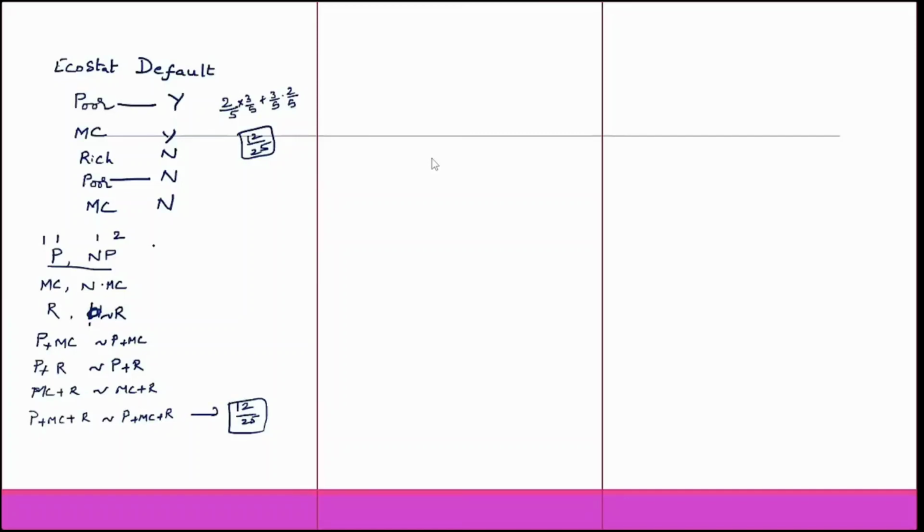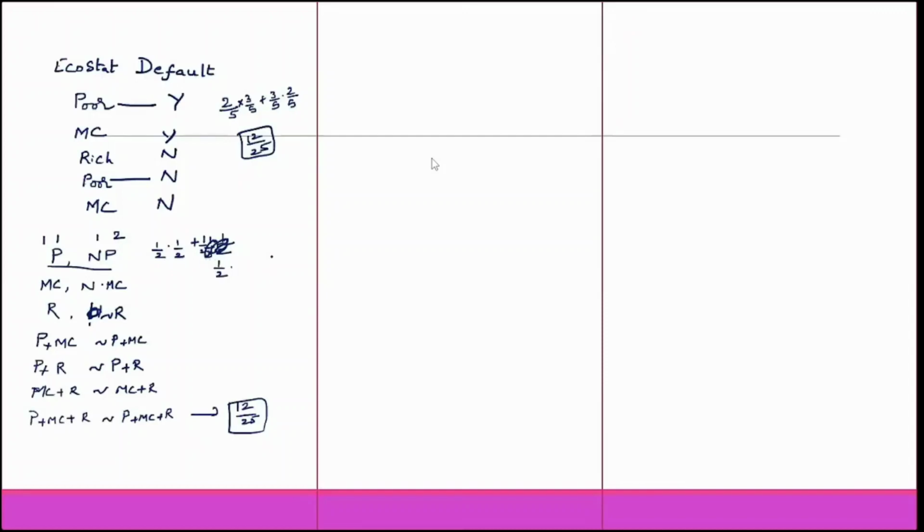So in the poor group, it will become 1 by 2 into 1 by 2 plus 1 by 2 into 1 by 2, which is 1 by 2.